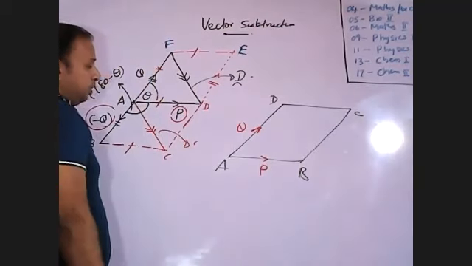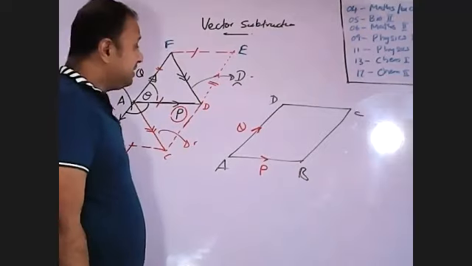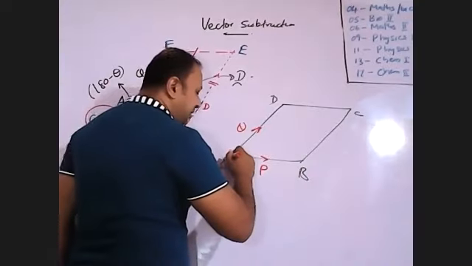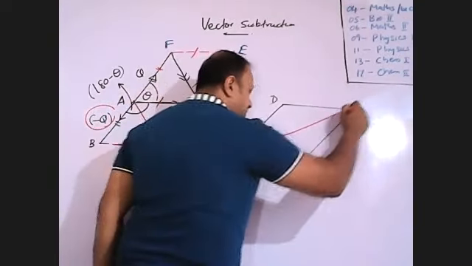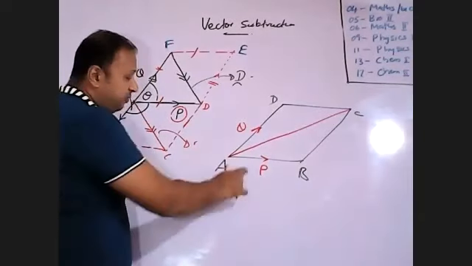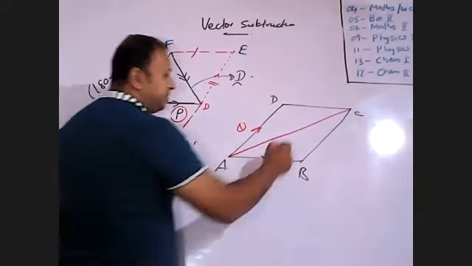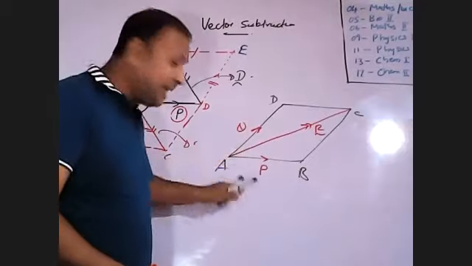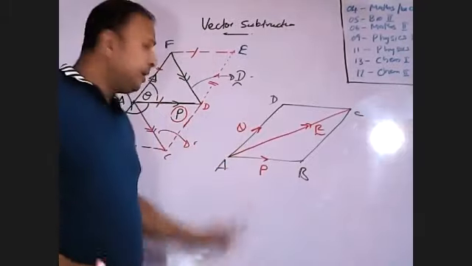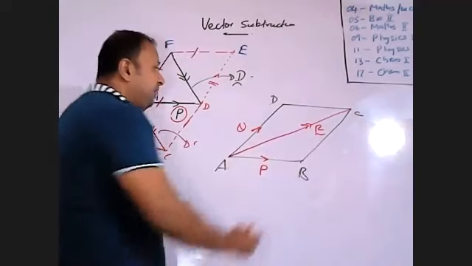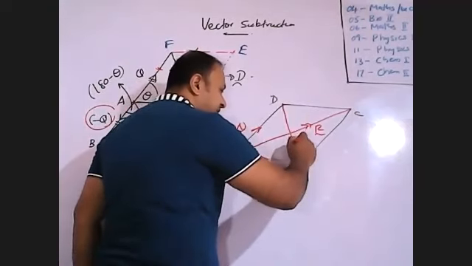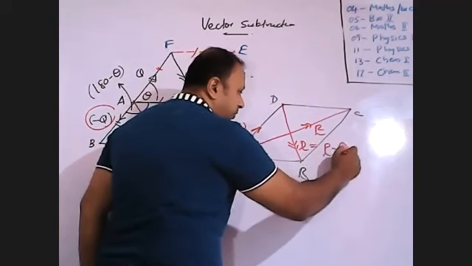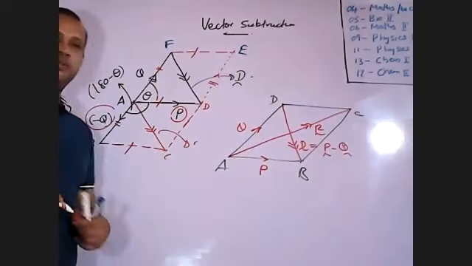If I complete this single parallelogram, I can clearly say the diagonal in between the two vectors represents the resultant vector, while the other diagonal represents the difference between P and Q.